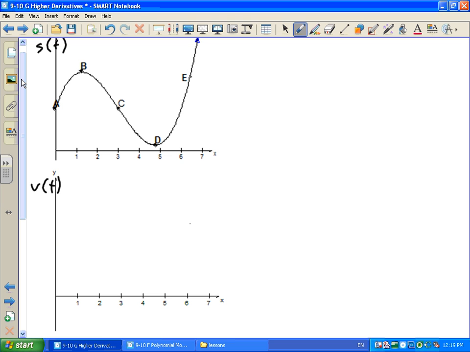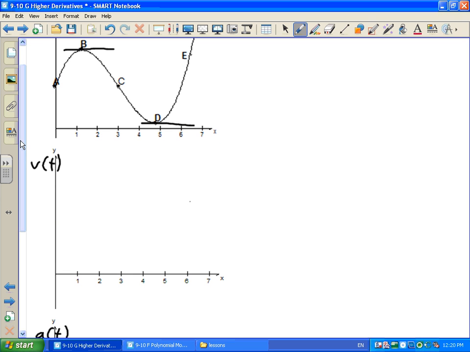So if we're given a position function, the first thing to look at is the points where the slope of the tangent is 0. So we identified point B and point D as having horizontal tangents. These two points, B and D, correspond to points where our velocity is going to be 0.